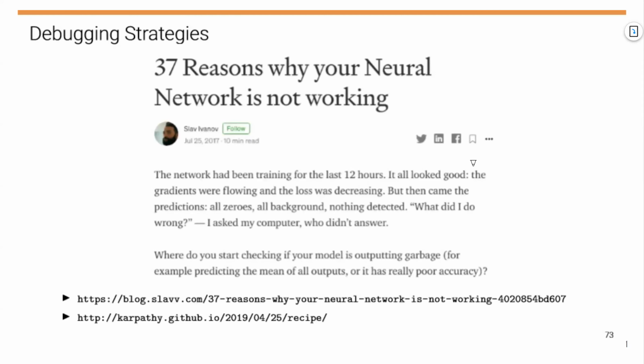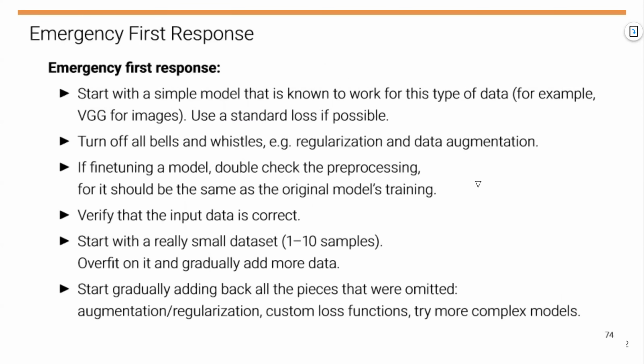You can have a look at this type of blog, "37 reasons why your network is not working," like this. The emergency first response is to start with a simple model that is known to work for this type of data, and use standard loss if possible.